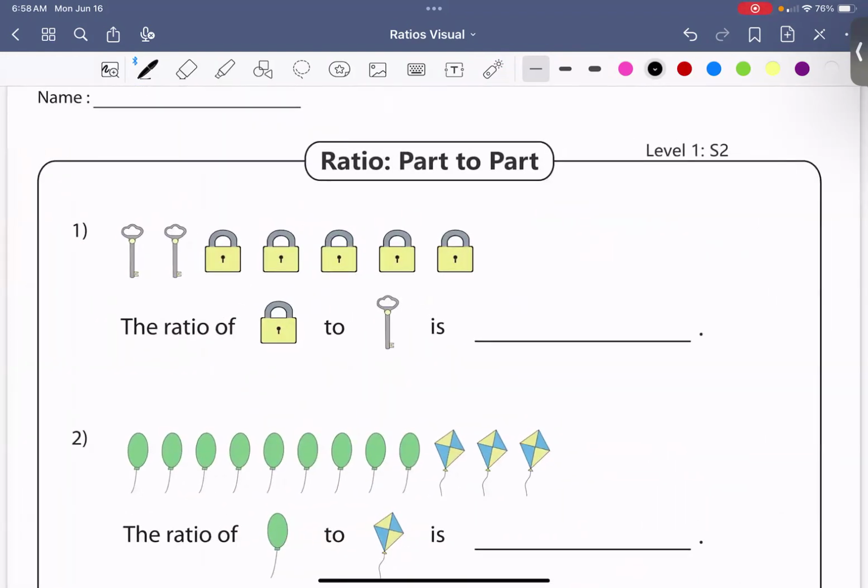All right. What would this one be? We have locks to keys. So for locks, we have one, two, three, four, 5. Keys, we have 1, 2. So the ratio of locks is 5 to 2.